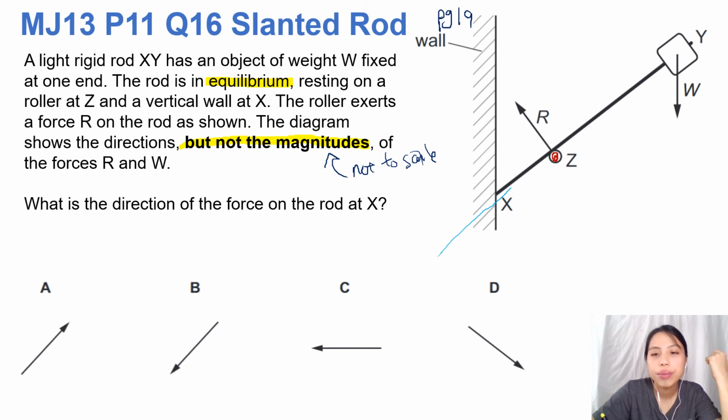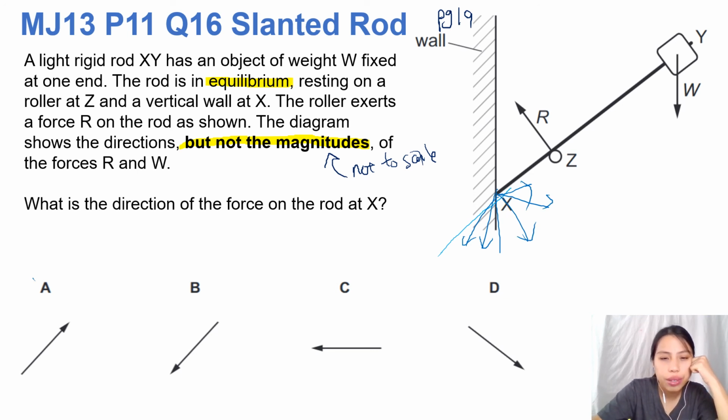So it should be somewhere here, here, here. All these directions will cause an anti-clockwise moment. That means A is out, B is possible, C is definitely out.